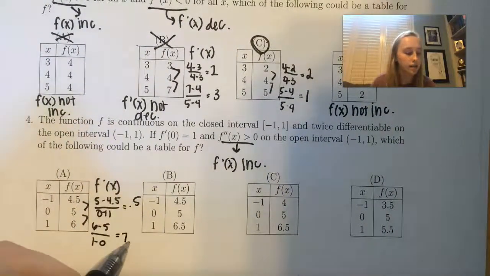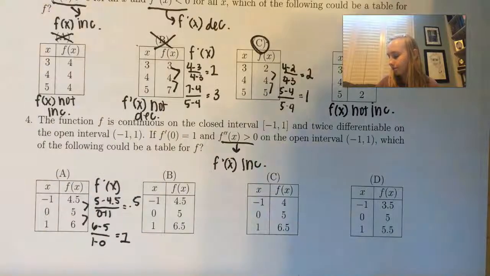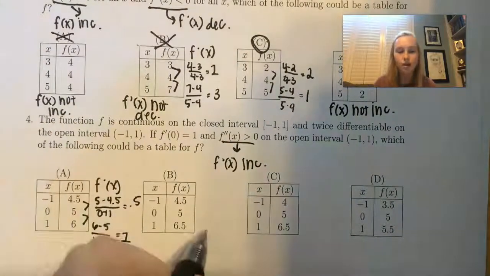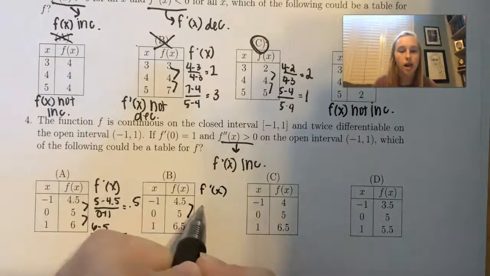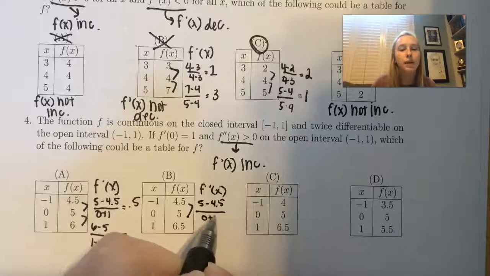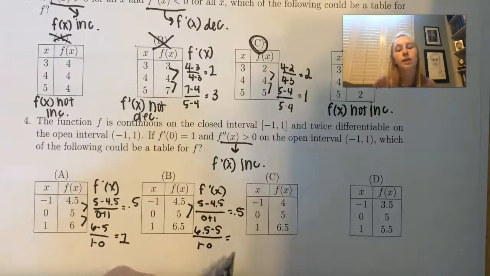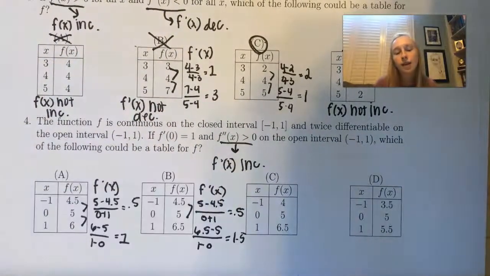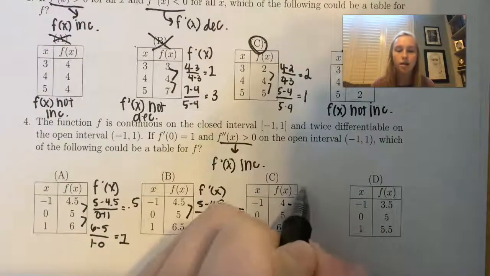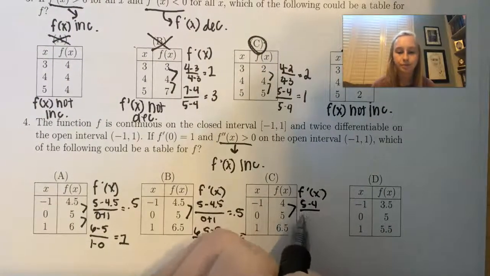I trust you guys. And we couldn't really eliminate any on the front end like we did with number 3, so we're going to have to do it for all 4 columns, sadly, but that's okay. Doesn't take too long.